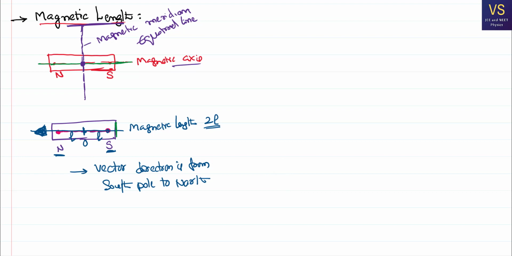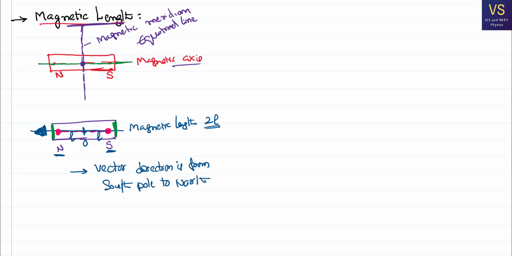So it's a vector. But if you look a little carefully, this is the physical dimension of the magnet. But these magnetic poles are located a little inside. They are not at the physical tips, they are a little inside, because of the formation. How is the magnet formed?